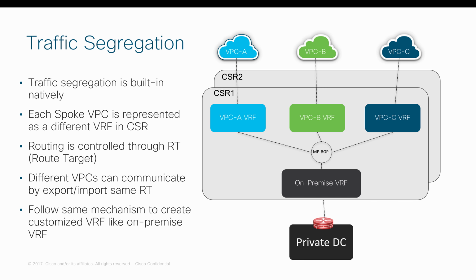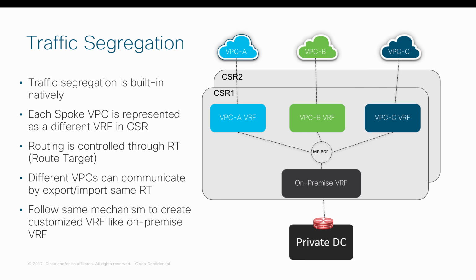Okay, so back to the network part. A lot of customers ask, why do I see so many VRFs on the CSR? That is because we want to build traffic segregation capability and offer this to the customer. If you look at the Transit VPC, you probably have multiple spoke VPCs, and those multiple spoke VPCs might be your accounts or might be your partners.